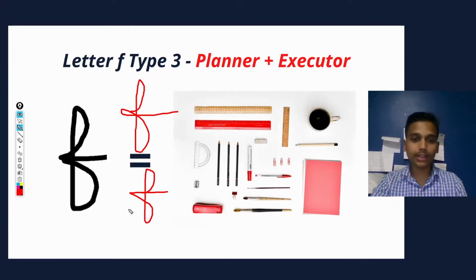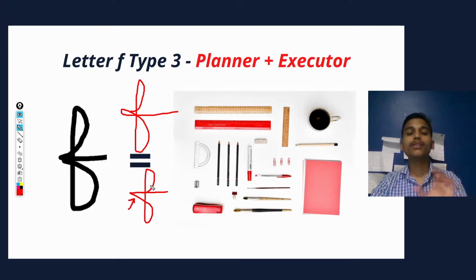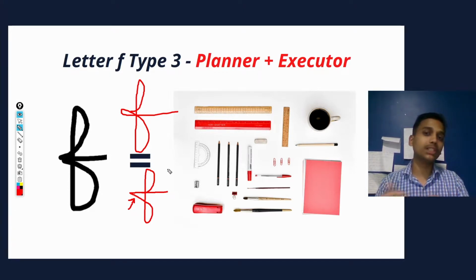Here you can see that an angle is forming. So it shows that whenever they execute, they are analytical in nature. They execute very quickly instead of double checking plans. They just write the plan down and then execute it without double checking. So these are analytical people in nature.